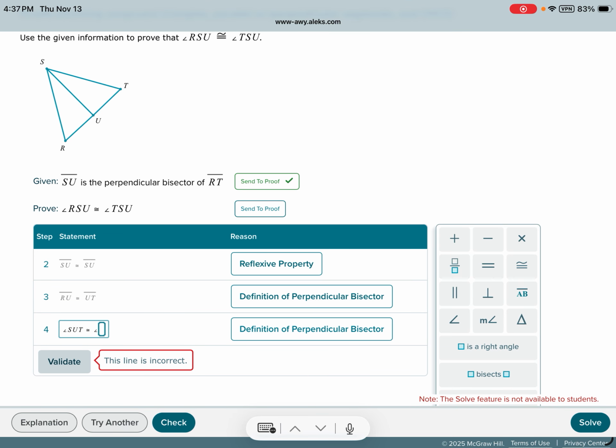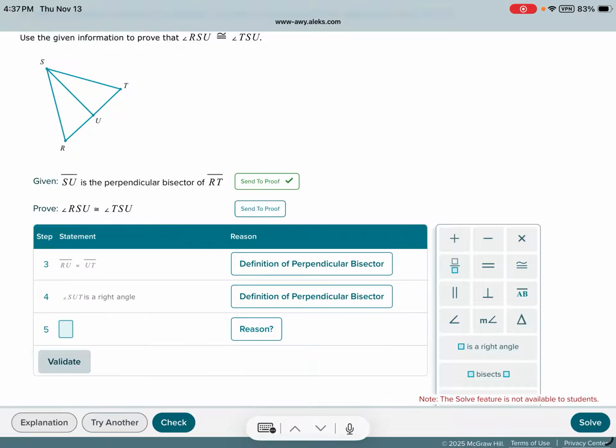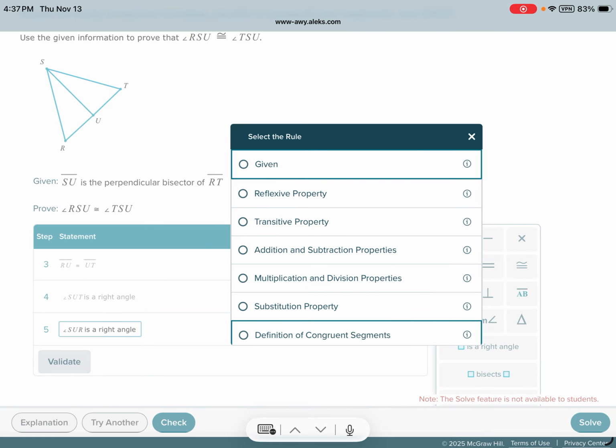What you have to do is say that because it's a perpendicular bisector, that means that SUT is a right angle. That's what you can do from definition of a perpendicular bisector. Perpendicular means it's a right angle. It also means that angle SUR is a right angle.